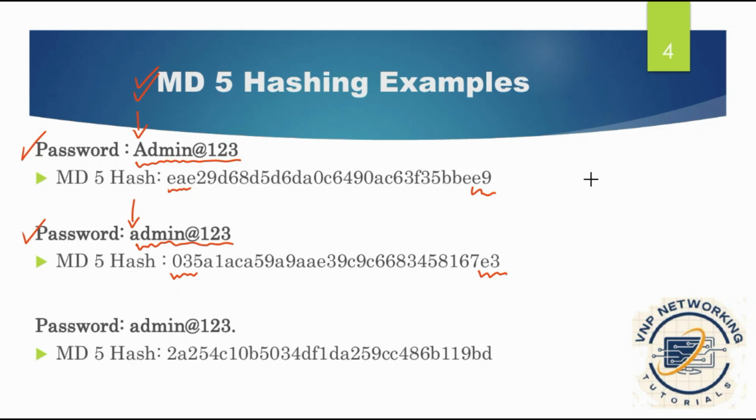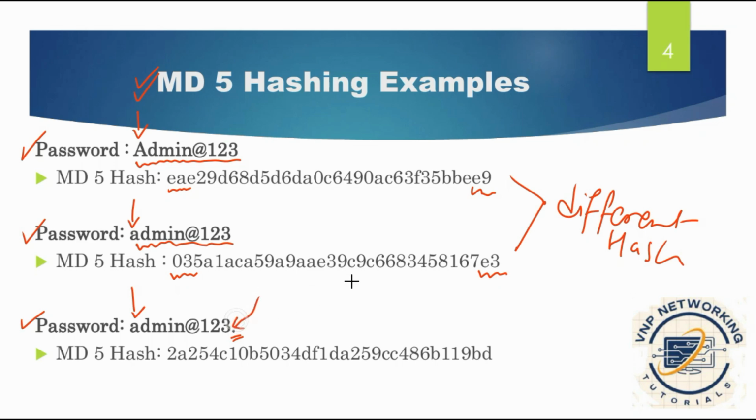You can see that even a single character, whether it's case sensitivity or a space or anything, can generate a separate hash value. The third password, if you see carefully, has a small dot. The admin@123 starts with small a and ends with a dot. If you compare the second password and the third password, the only difference is a dot.